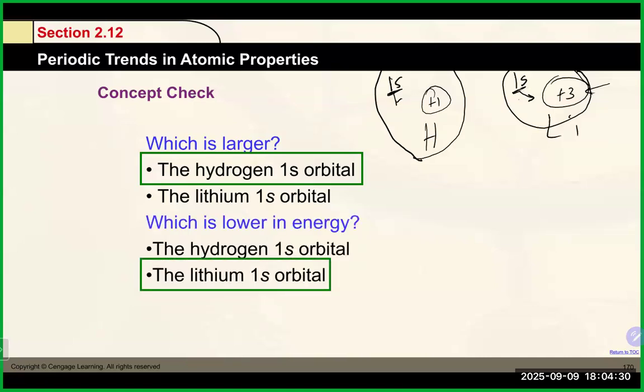Because of that +3 charge, it's going to drag this 1s orbital closer to the nucleus. And by it being closer to the nucleus, it's going to be lower in energy, right? And again, the 1s orbital in hydrogen is not going to be drawn in as close, so it'll be a little bit higher in terms of energy. Any questions on either of those there?